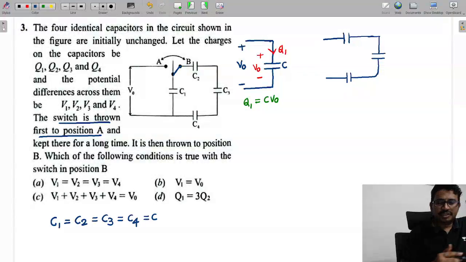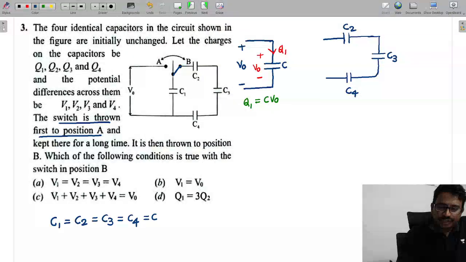All the capacitance values are equal, so this is C2, this is C3, and this is C4. For this combination we need to find the potentials and voltages, and see the relations.